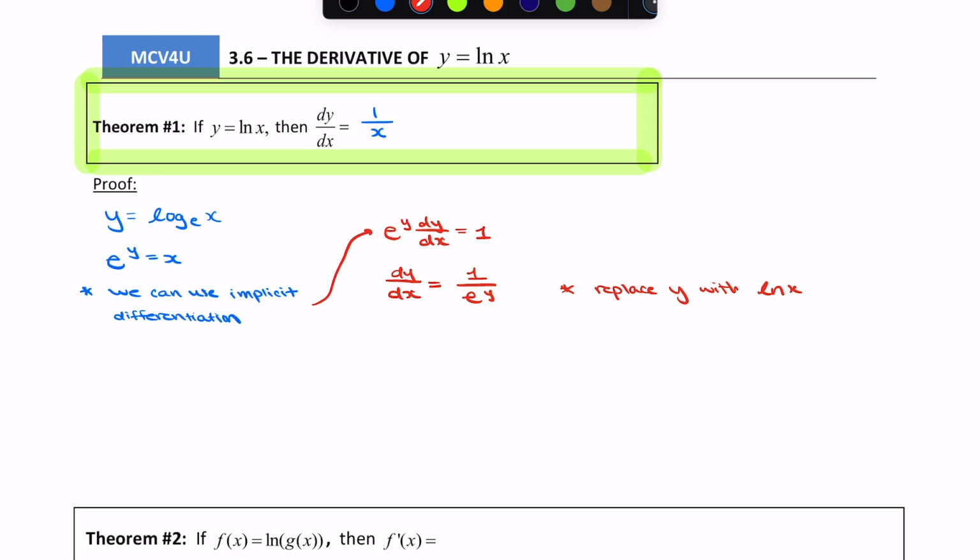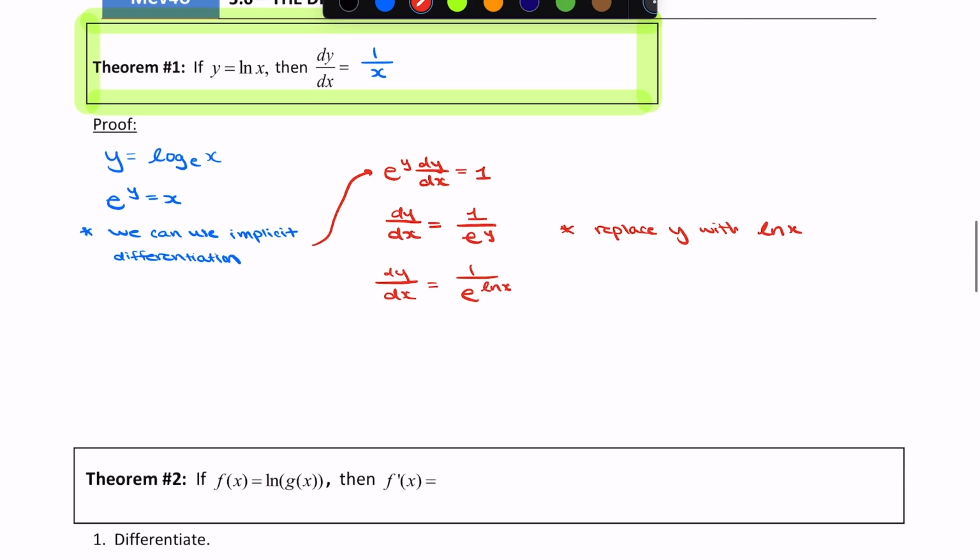So here we'd get dy over dx is equal to 1 over e to the power of ln x. And if we recall one of the log laws, b to the power of log base b of x is equal to x.